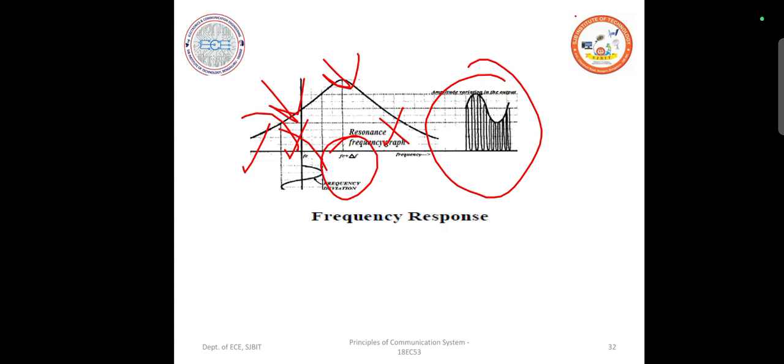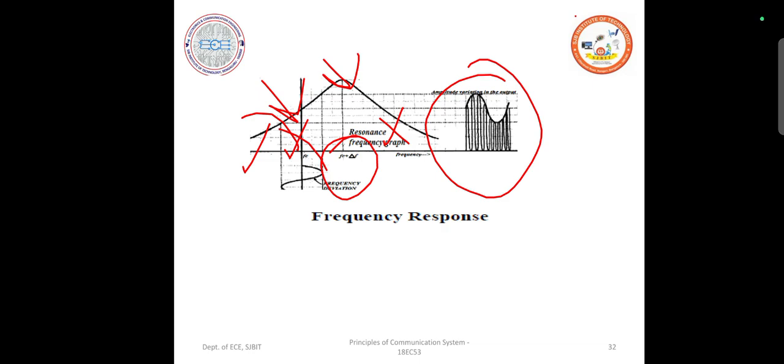But in the practical scenario, this is not the case. You will have a very non-linear response as far as the LC circuit is concerned. So when there is non-linearity, obviously the waveform we get at the output of the slope detector will not actually be the modulated envelope. So in that case, we will lose the information.